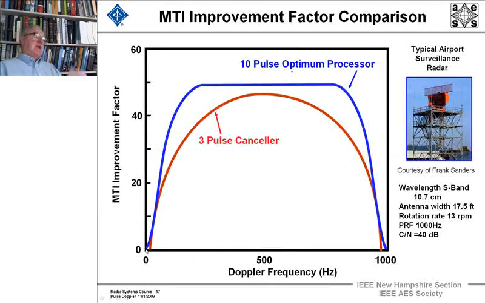Now, if you use that optimum processor calculation to say, I have 10 pulses returned from a dish this size that's rotating this fast, of an airport surveillance radar, at this PRF, and I have about 21 pulses per beam width, and I have the natural clutter, which is very small, but I've got the amplitude modulation, which is explained in Skolnik and in Barton's books.